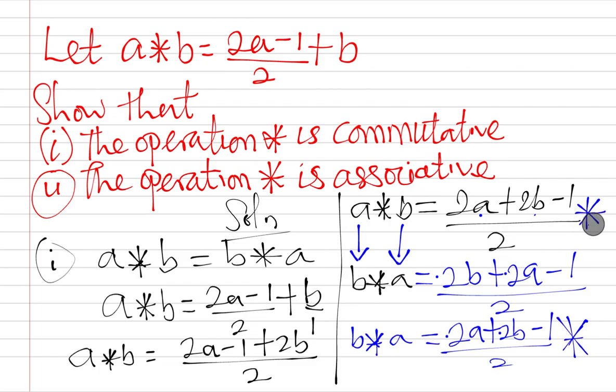So since they are both the same, A star B is equal to B star A, and that fulfills our commutative property. Are you seeing that now? That is all. Now let us do the next one, which is the associative property.